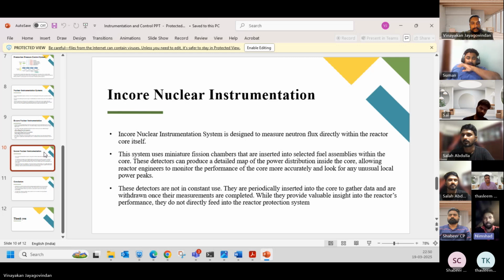Next is the in-core nuclear instrumentation system. This system is designed to measure neutron flux directly within the reactor core itself. These systems use miniature fission chambers that are inserted into selected fuel assemblies within the core. These detectors can produce a detailed map of the power distribution inside the core, allowing reactor engineers to monitor the performance of the core more accurately and look for any unusual local power peaks.